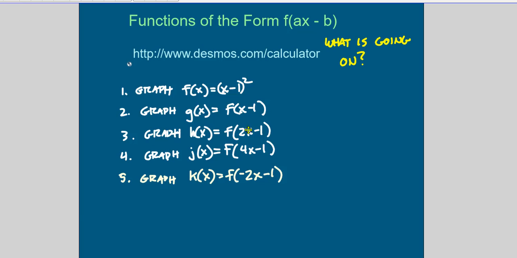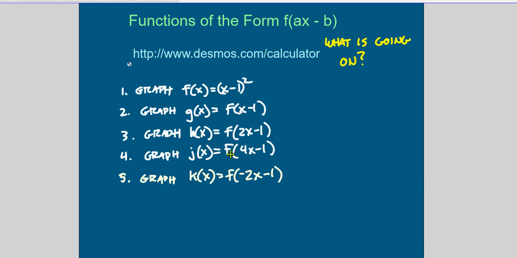Now this is what's interesting here. f of 2x minus 1 is going to shift the original function f of x 1 to the right, but then pull it in half the distance to the y-axis. And j of x, being f of 4x minus 1, will again shift the original function f of x 1 to the right, but from where it's at, it will pull it back into 1/4 of its distance from the y-axis.